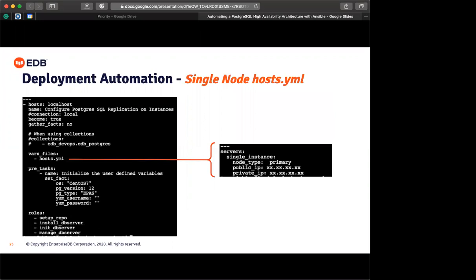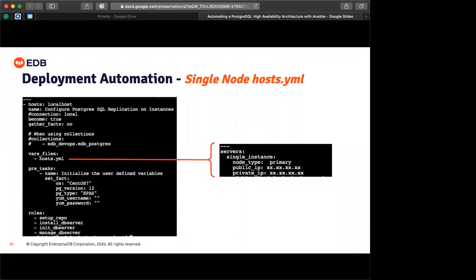In the single node, you can see the playbook has less number of roles, right? Because you don't need setup EFM, setup PEM, or setup replication. You just want to create one node, right? And in your host.yml file, you're passing the one node information. We are saying that node type is primary, and this is my public IP address, and this is my private IP address.